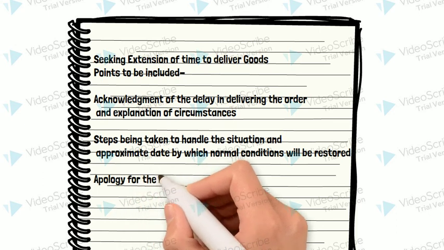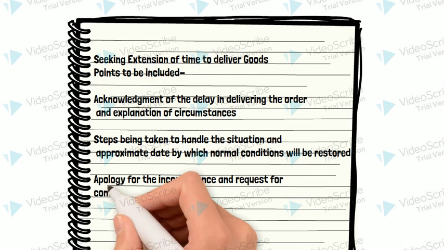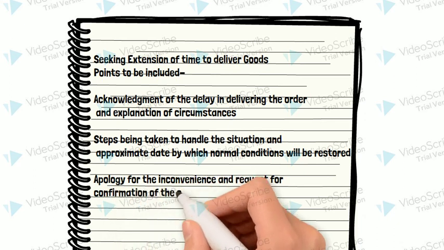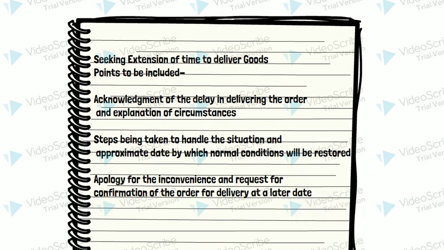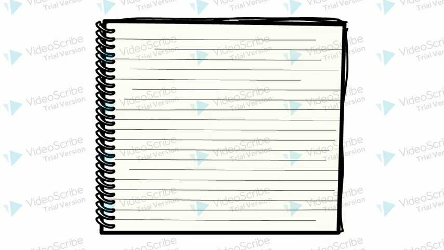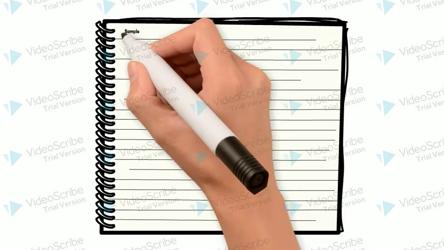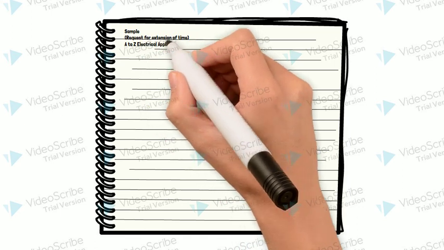You can also mention the apology for the inconvenience and request for confirmation of the order for the delivery at a later date. So here is this sample letter seeking extension of time for the delivery of goods.